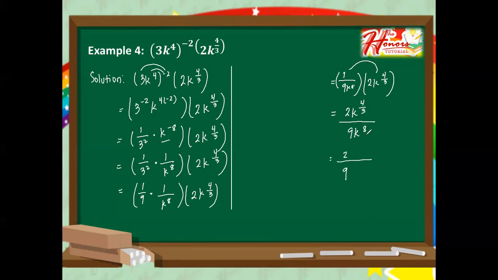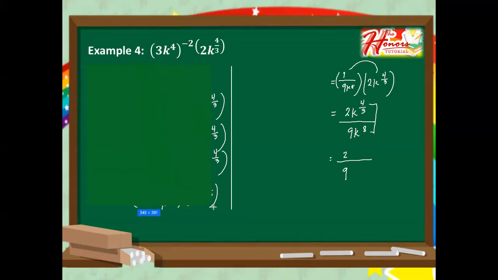And then for k, since you can see that we have here the exponents 4 over 3 and 8, we have to subtract the exponents that we have here. So let me just show you how we are going to do that. So it will become 4 over 3 minus 8. But let's just make 8 into a fraction, so over 1.